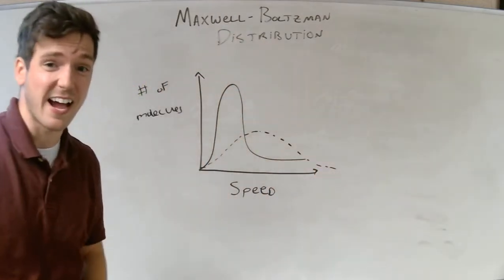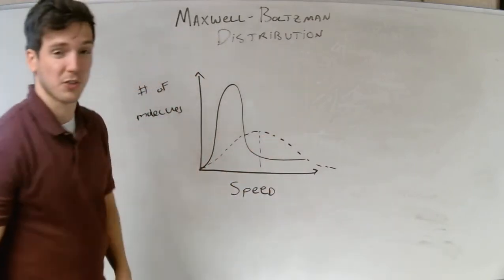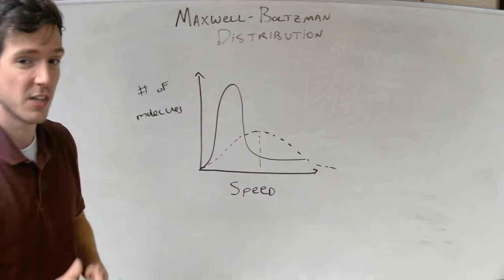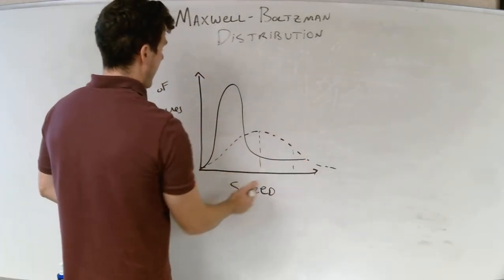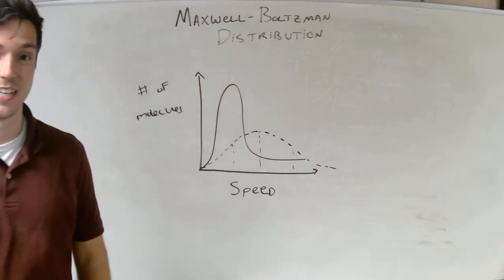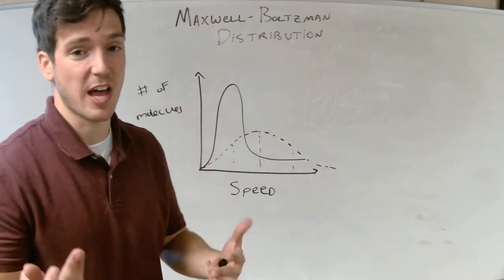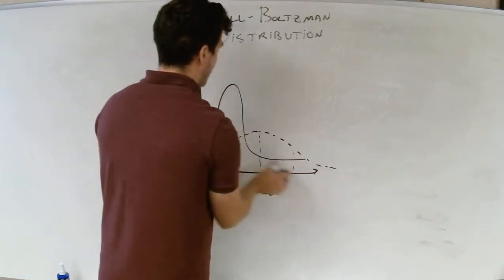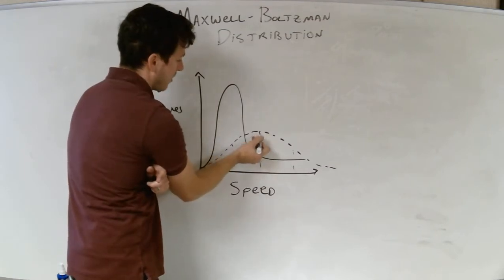It's going to be flattened out, but there are a lot more molecules traveling at a faster speed, and maybe just a few traveling at a lower speed. So as temperature picks up, that curve flattens out and our average speed moves further right.